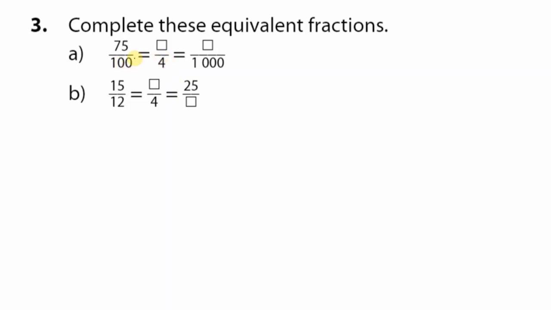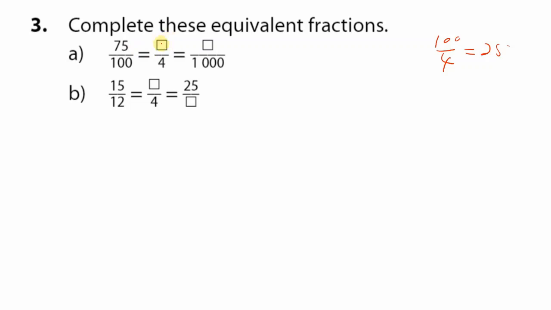Well, 4 goes into 100 25 times, or put differently, 100 divided by 4 is 25. So we will therefore have to multiply 4 by 25 to get 100. So what we do on the left, we do on the right.